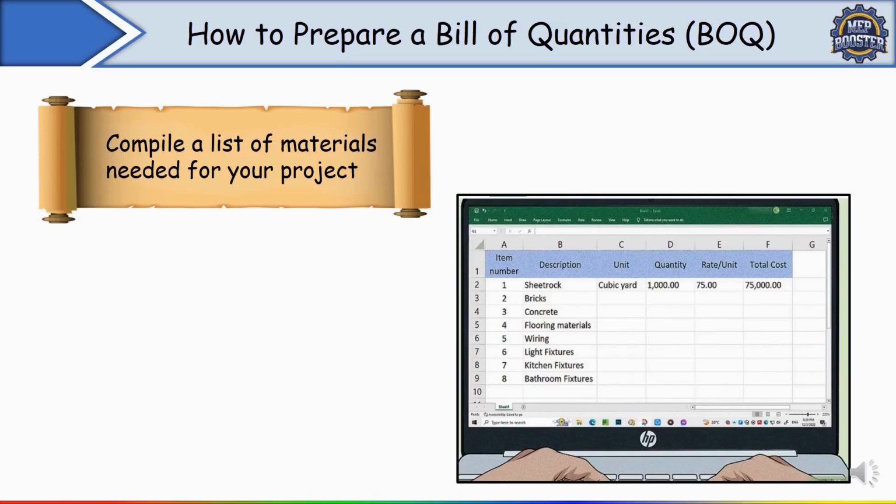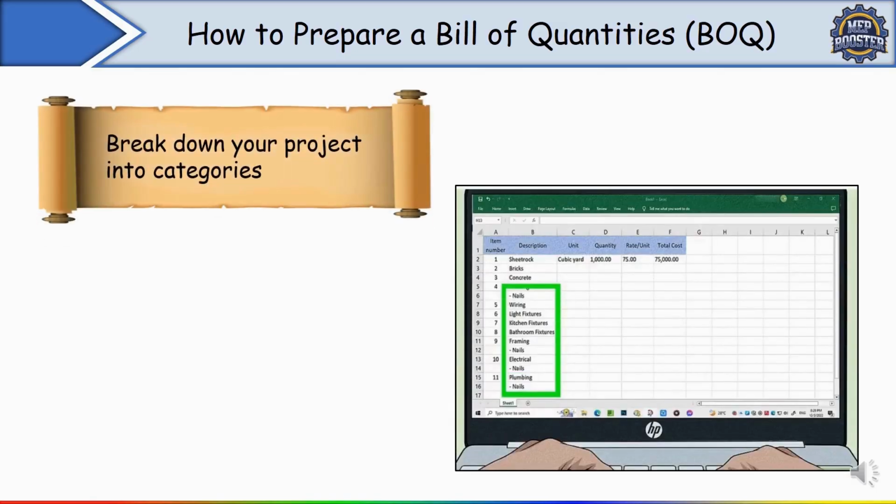Okay. The next thing, you have to break down your project into categories. Okay. So different parts of your project will likely be handled by different contractors. So your BOQ tells each contractor what they will need for the project so they can prepare their bids. So this does not mean you need a new spreadsheet for each category.